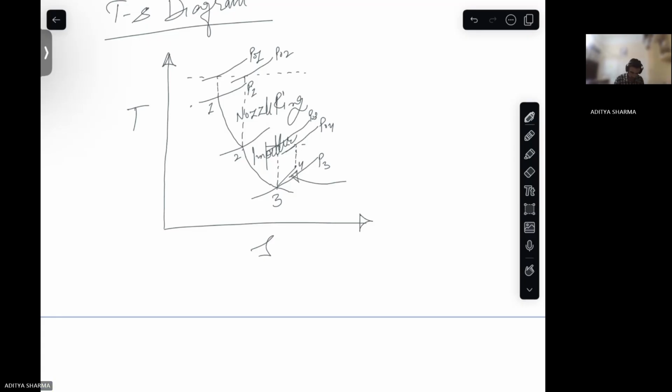This is your diffuser: nozzle ring, impeller, and diffuser. So across the nozzle ring, how does the temperature or enthalpy behave, how does the enthalpy of your fluid behave across the impeller, and what happens across the diffuser. So this is the TS diagram for your radial flow turbines.